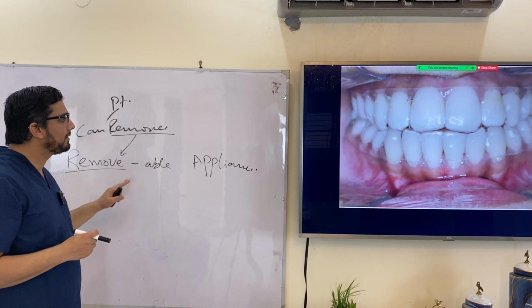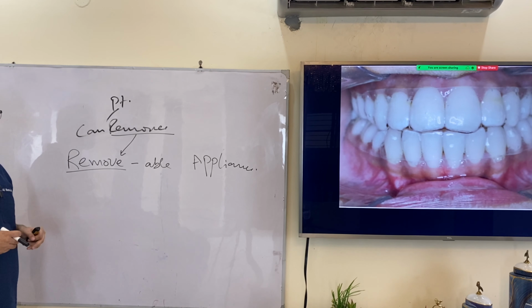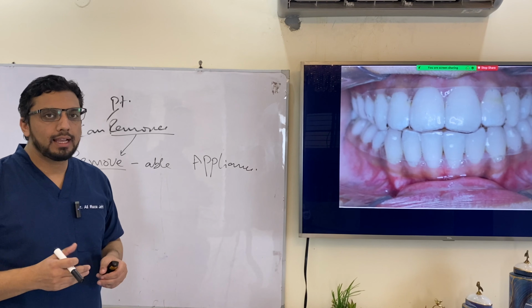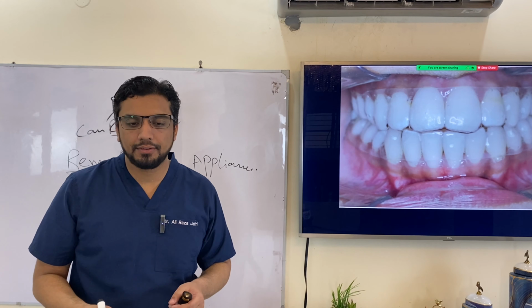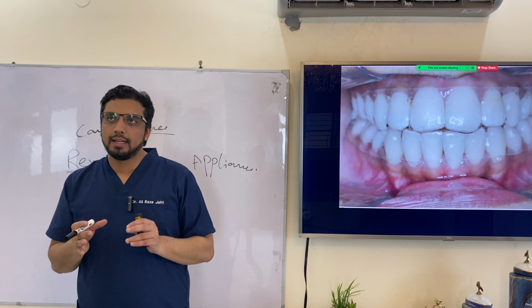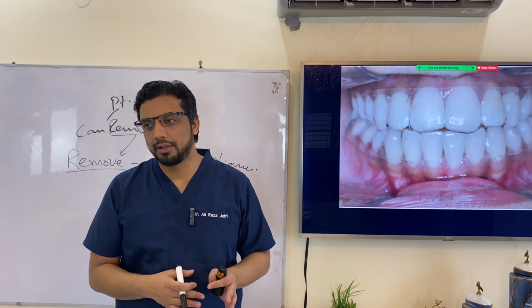The point is that removable appliances do not have the issue of visibility, because the patient can remove the appliance at any given time, at any social event. That's why they are much more acceptable in those patients in whom aesthetics is a major concern, and who do not want anyone to know they are getting orthodontic treatment.